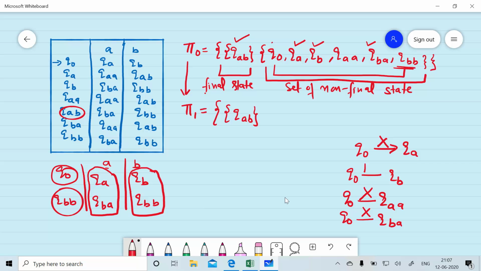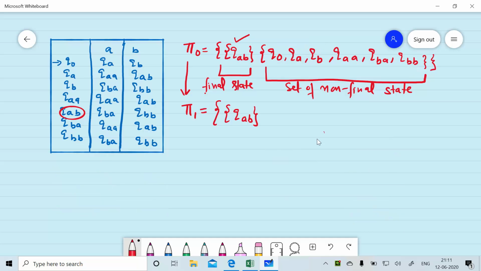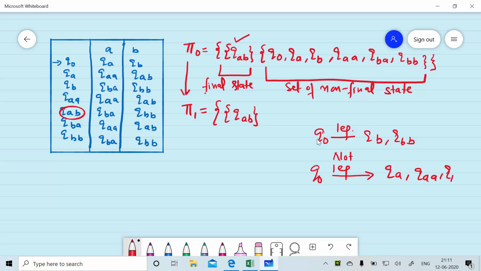They also belong to the same set, so they are behaving similarly. What it means is Q0 and QBB are one equivalent. So we can say that Q0 is one equivalent with QBB and QB, and Q0 is not one equivalent with QA, QAA, QBA.